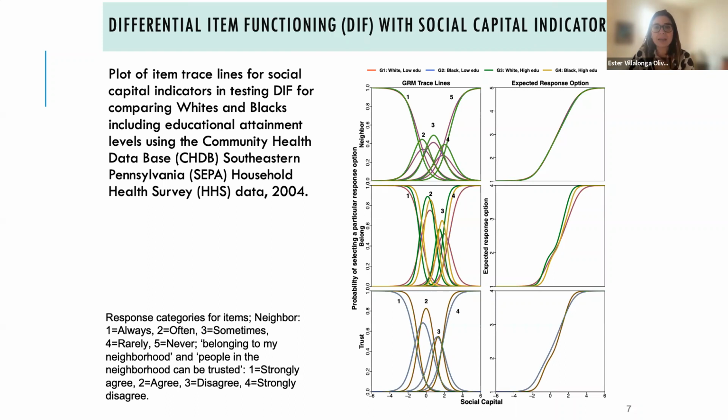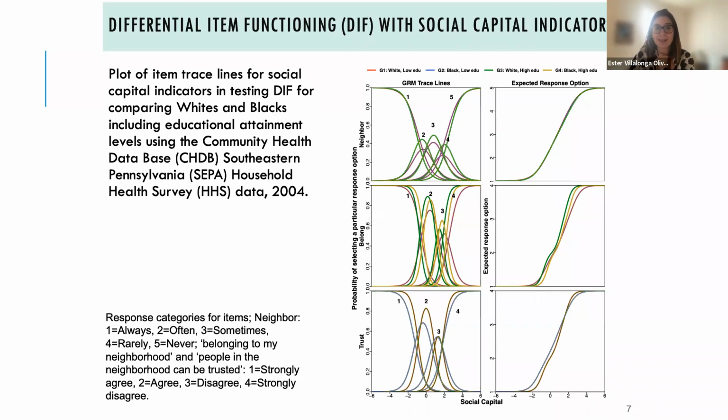And larger diff is observed in blacks, consistently having higher levels of endorsement of the strongly agree response options compared to whites, and whites consistently having higher levels of endorsement of the disagree response options compared to blacks when having the same levels of social capital.